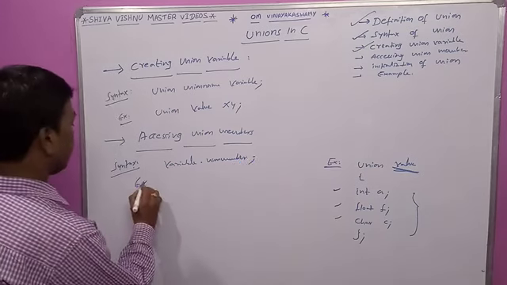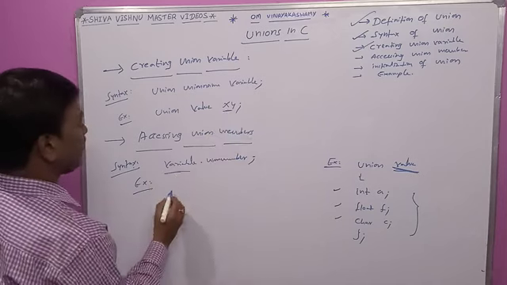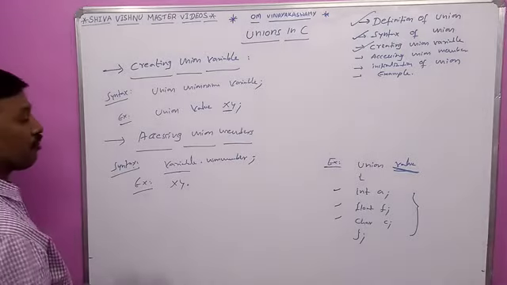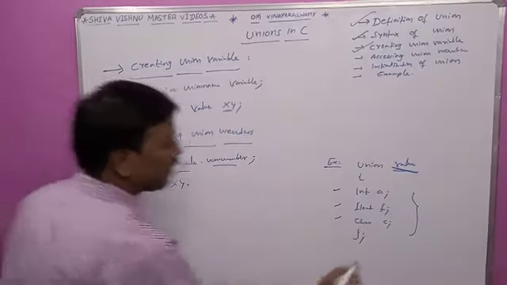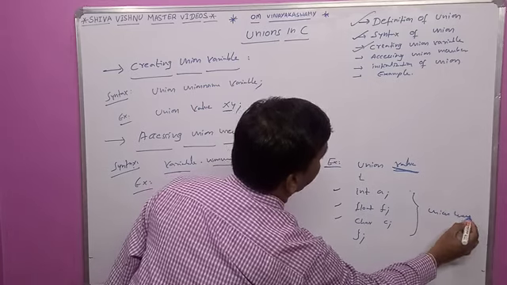For example, xy is the variable, dot is the dot operator, and you must have a member. Here a, f and c are all the union members.